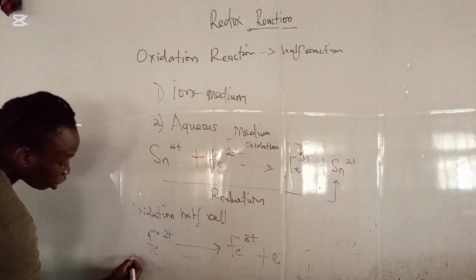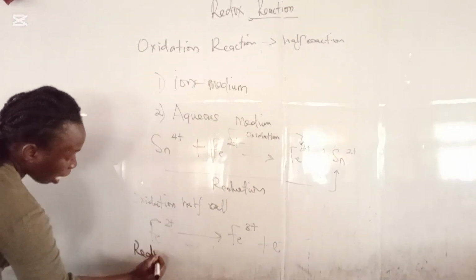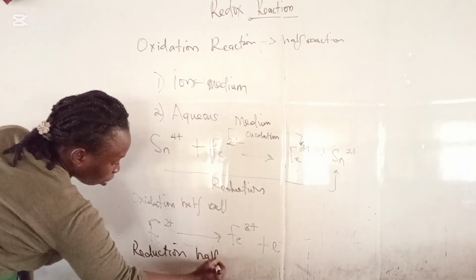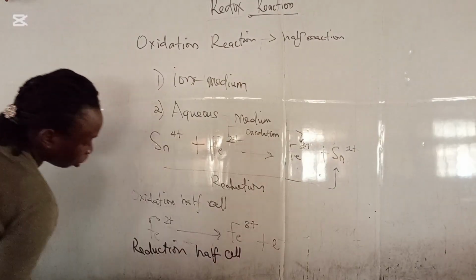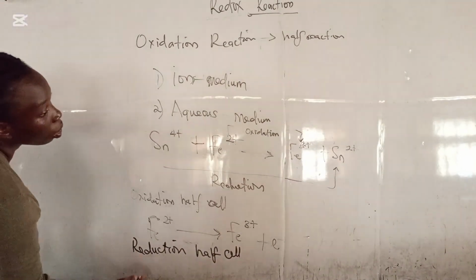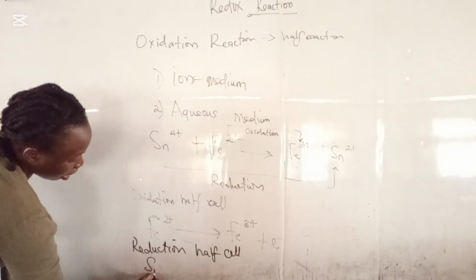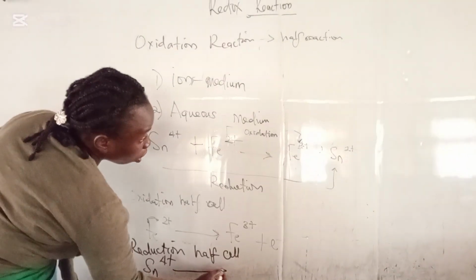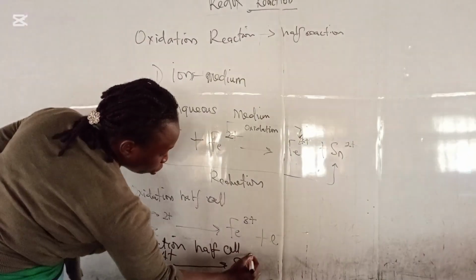Now, for the reduction, we will write out the reduction half cell. Reduction half cell reaction. It becomes Sn4+ to give us what? Sn2+.